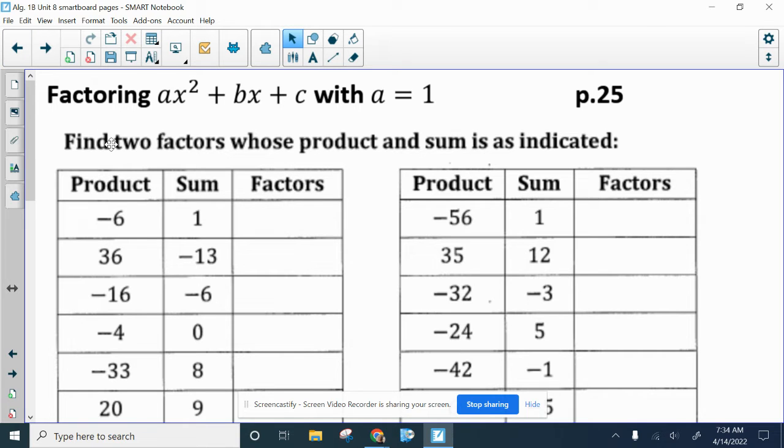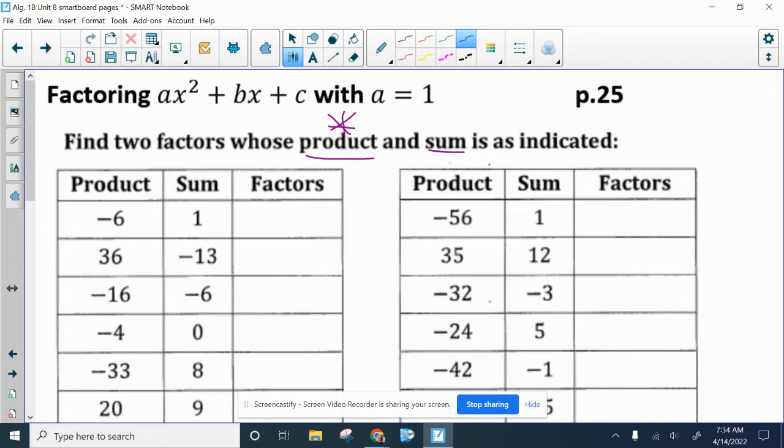The directions are asking us to find two factors whose product and sum are as indicated. Let's refresh some keywords here. Product means what? The answer when we multiply. And forgive my writing here, I don't have my stylus pen with me, so I'm using my finger.